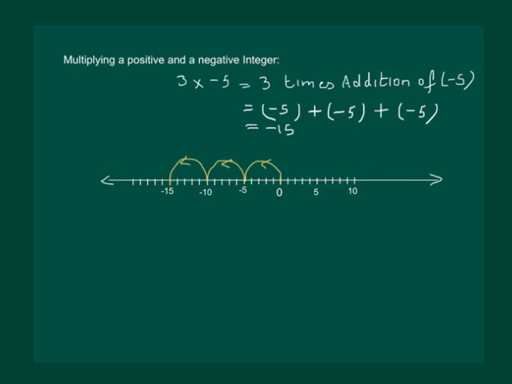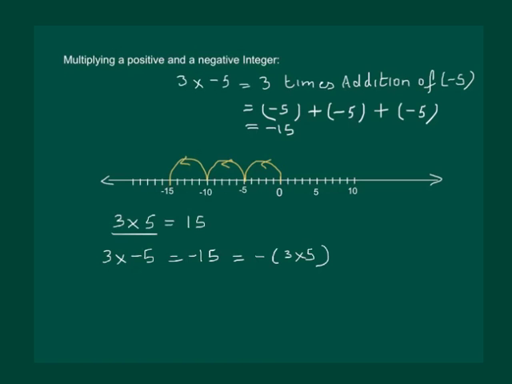We have seen that 3 into 5 was equal to 15. Then 3 into minus 5 equal to minus 15 also implies that it is same as minus 3 into 5.